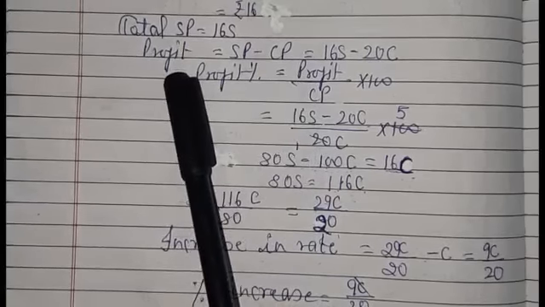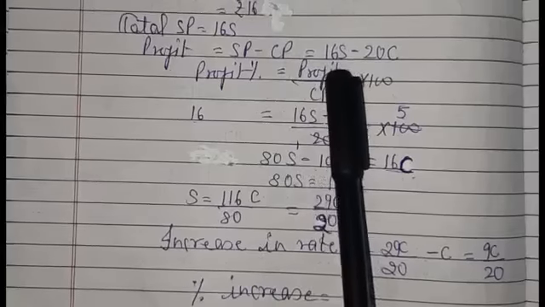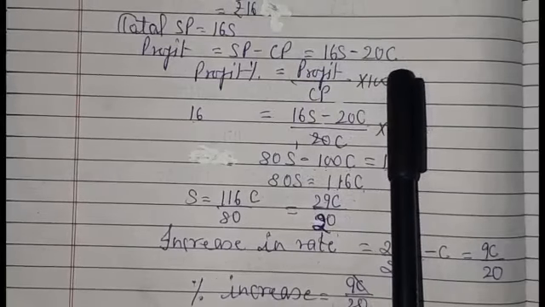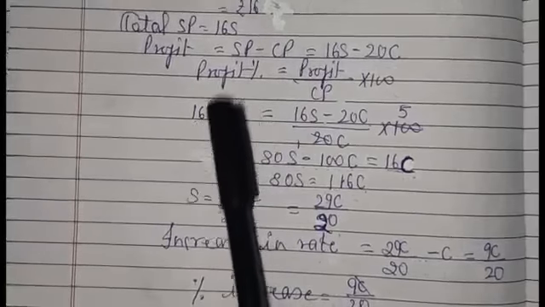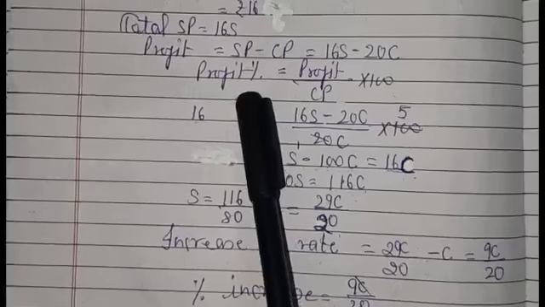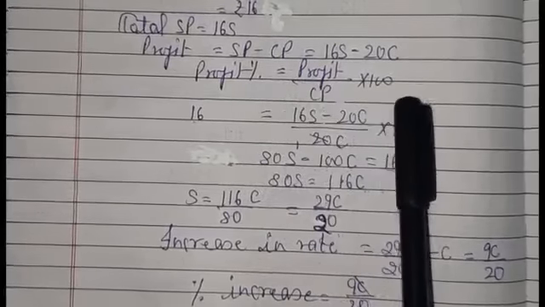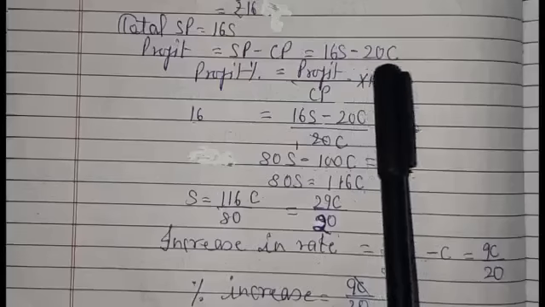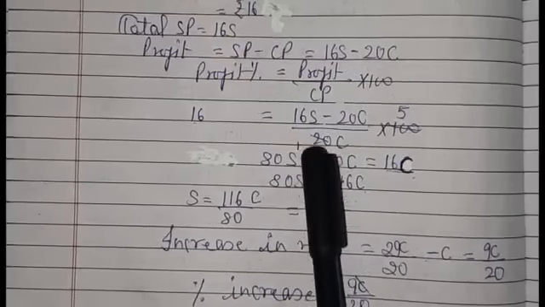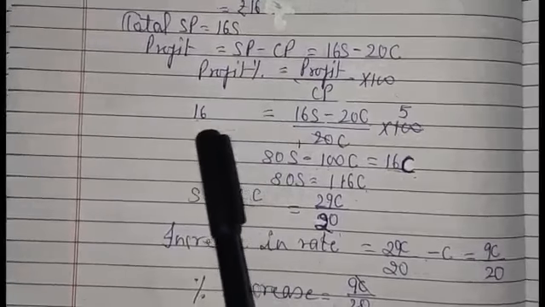So first we calculate profit. By using this formula, it will be 16S minus 20C. So profit percent, they are saying 16% is the profit percent. So we have to apply this formula. Profit percent is equal to profit upon CP into 100. Put the values. Profit will be 16S minus 20C upon 20C into 100, and profit percent is given 16%.